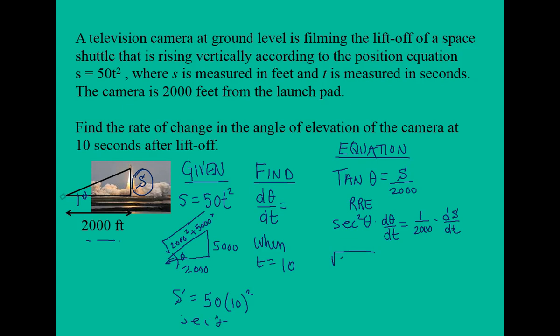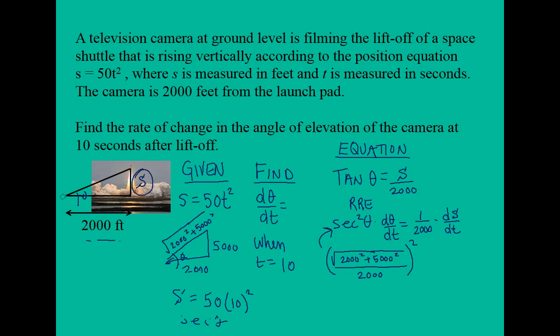So we have the square root of 2,000 squared plus 5,000 squared, all over the adjacent, 2,000. And that's finding this quantity here.